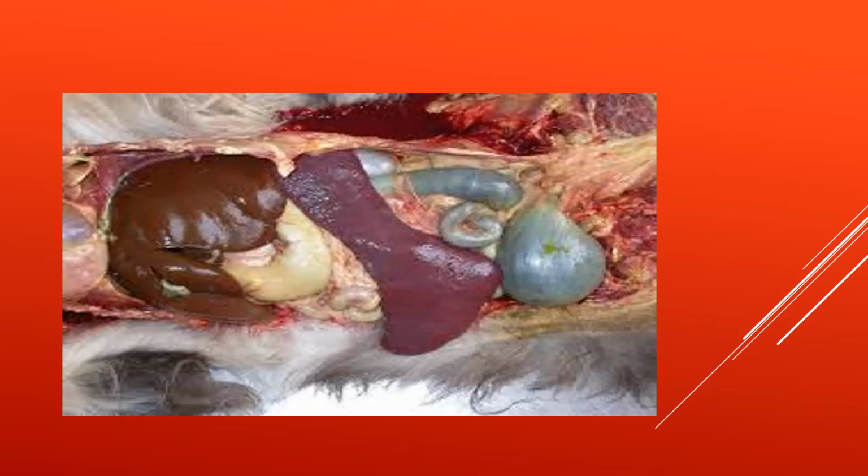And the memory T cells are the ones responsible for remembering the antigen of a certain pathogen. So that's the reason why when you get sick, for example, either you are sick already or you have been vaccinated against a certain disease, if that disease is reintroduced to your body, your T lymphocytes will remember that.